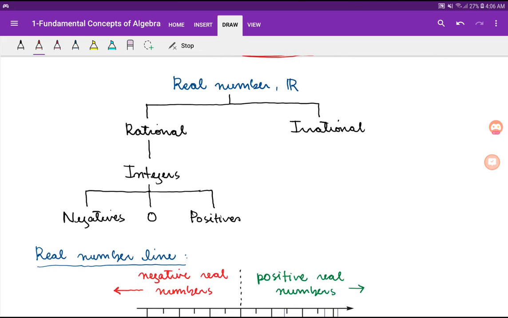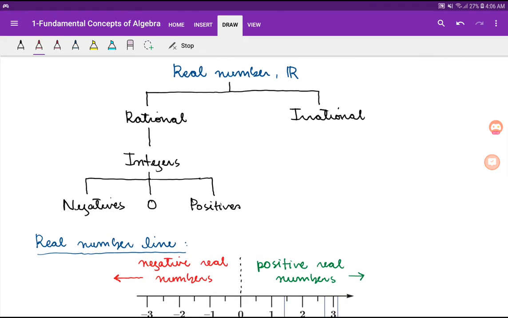Basically, this is the summary for the real number system. At the top we have the real number system, indicated by capital R, and inside it consists of rational numbers and irrational numbers. For irrational numbers, we stop there.